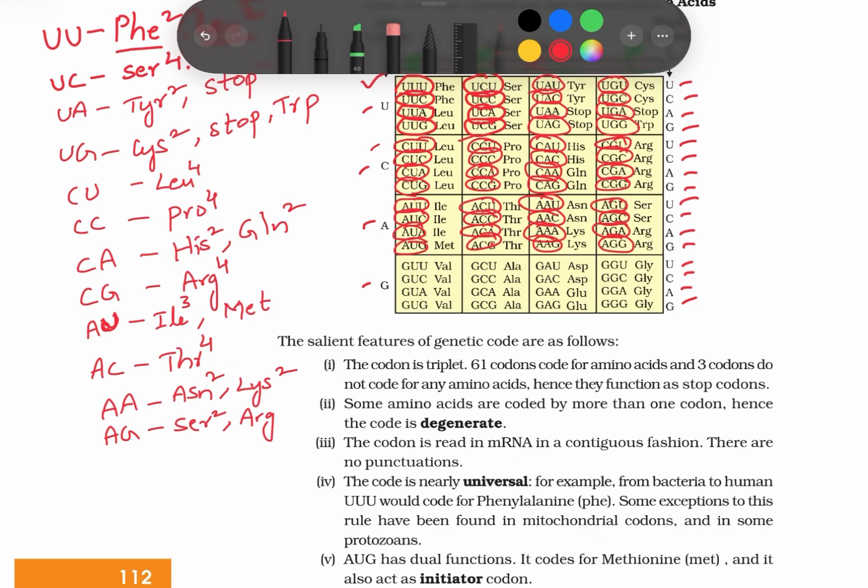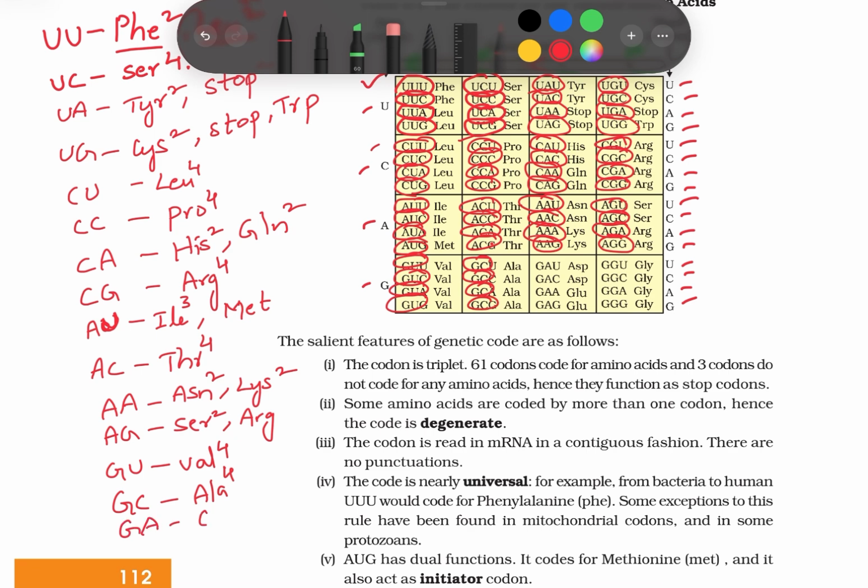Fourth row. First box, GU. All GU codons are coding for valine, Val4: GUU, GUC, GUA, GUG. Next, all GC codons are coding for alanine, Ala4: GCU, GCC, GCA, GCG.